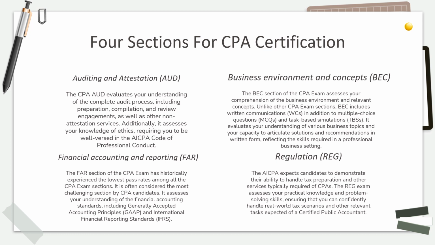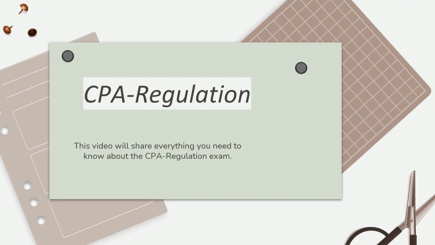Each section of the exam allows a 4-hour time frame for completion. The format is computerized, granting test takers the option to take a 15-minute break during each section. The exam takes place at specifically designated testing centers. This video will share everything you need to know about the CPA-Regulation exam.